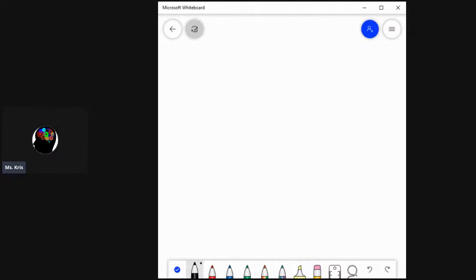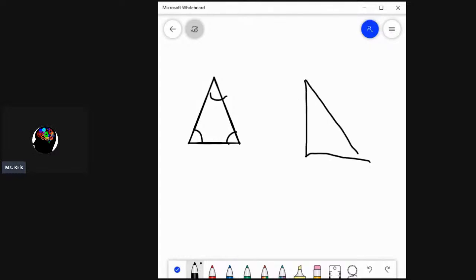So therefore, you may have an acute triangle, which means all of your angles are acute. Then you have a right triangle.